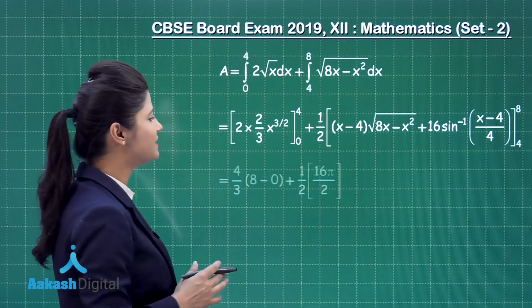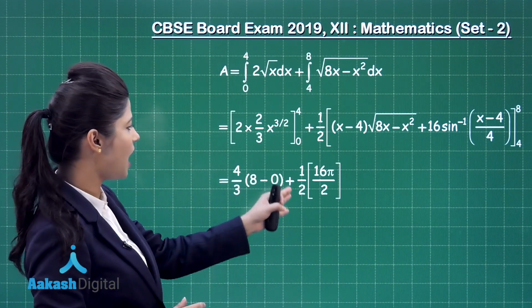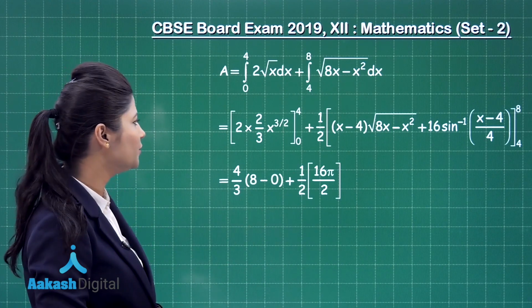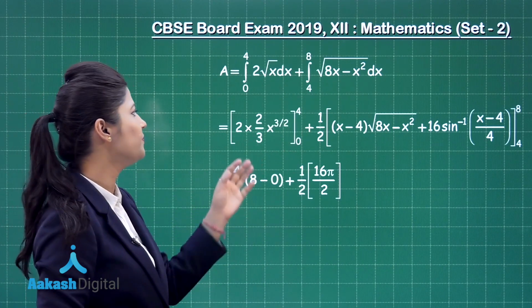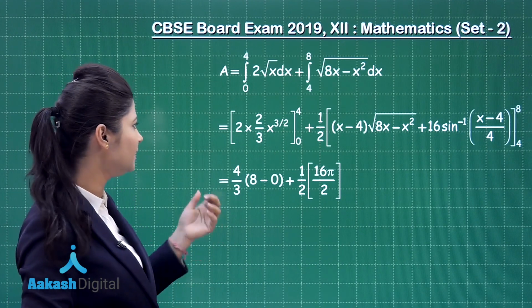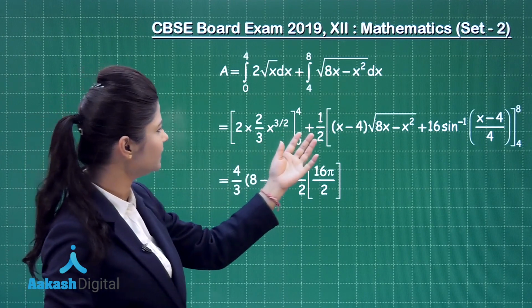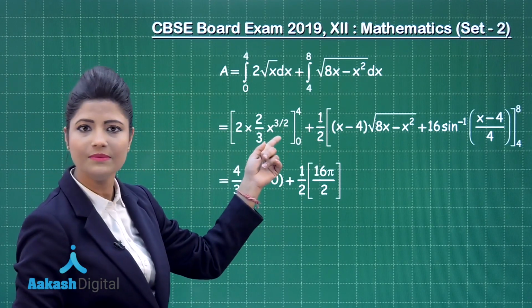On substituting these limits, you get 4 upon 3 into 8 minus 0, while you get half of 16 pi by 2. You can see when you substitute 4 here, 4 raised to the power 3 by 2 gives 2 cube, that is 8, and you have 8 into 4 by 3. When you substitute 0, this whole term becomes 0.